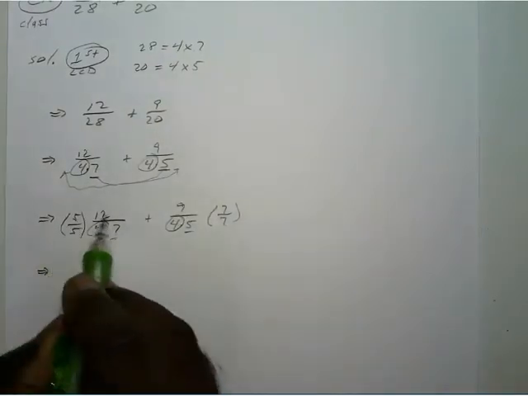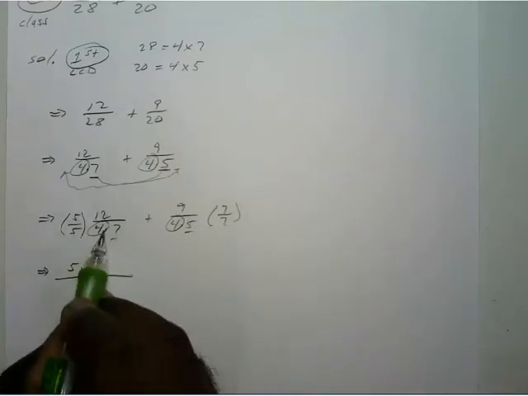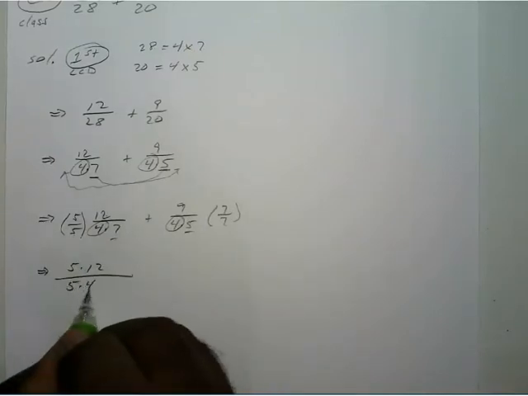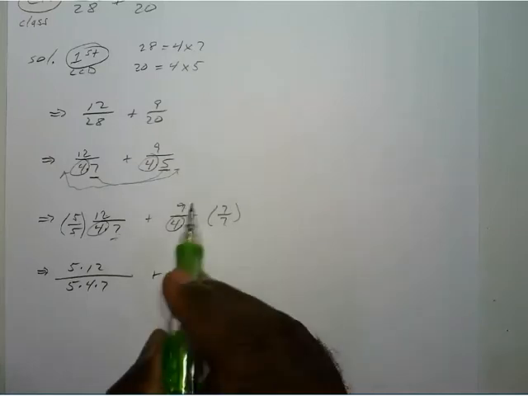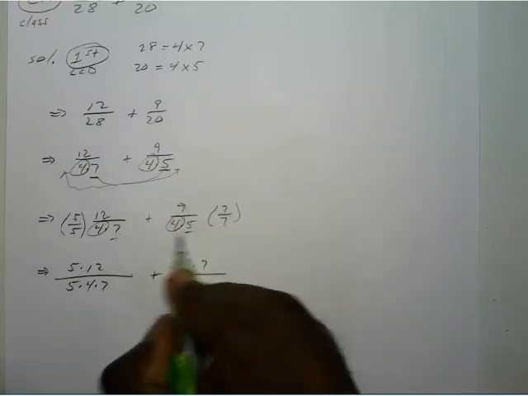Okay, so we have 5 times 12 over 5 times 4 times 7 plus 9 times 7 over 4 times 5 times 7.